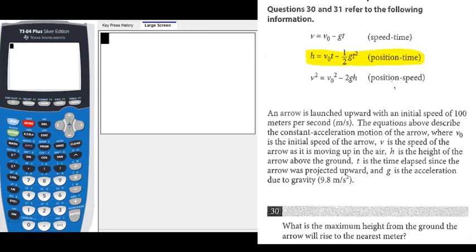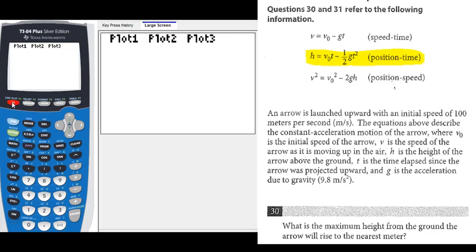Now let's go to question 30 and 31. According to the information, we know the initial speed will be 100 meters per second. So we choose this one and plug in. And we are given the gravity will be 9.8. So basically we're looking for that maximum value and also how long it takes to reach the maximum height.